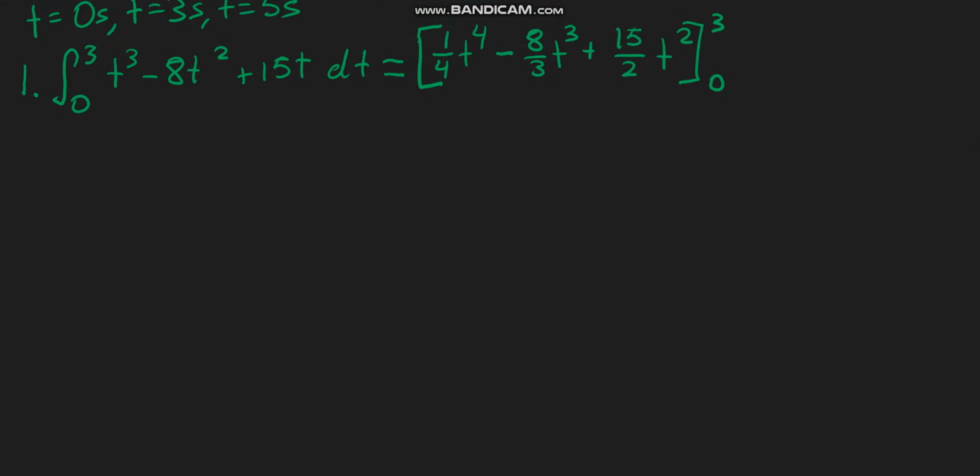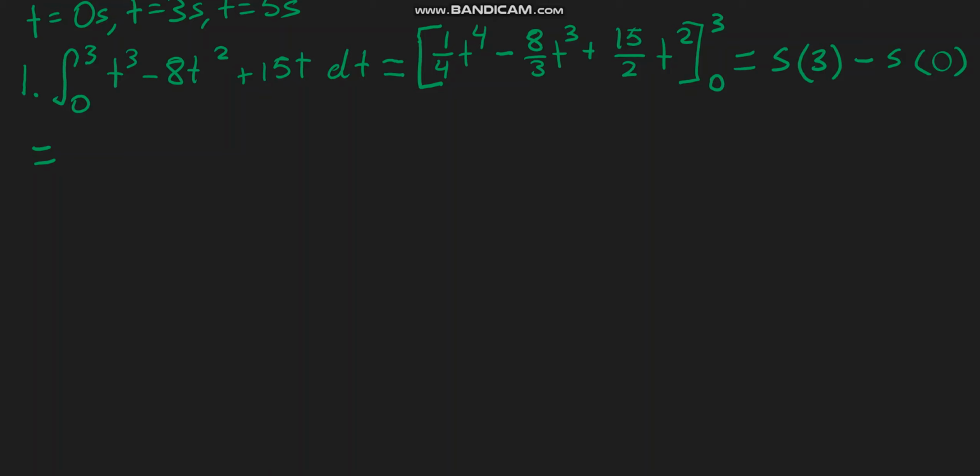Okay, so we know that we have to plug in, and this is also the distance function since we took the integral of the velocity function. So what we're really doing is s of 3 minus s of 0. Since we're using the same function with the same denominators, a little trick to make this shorter is to plug in everything on the top.